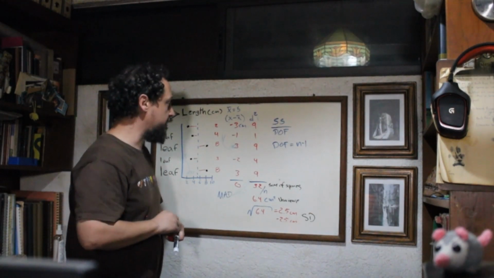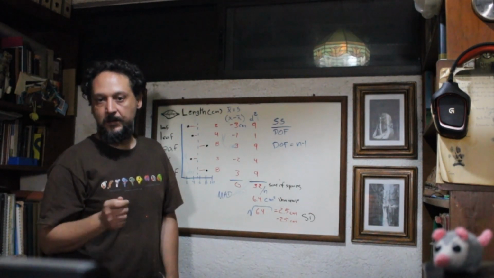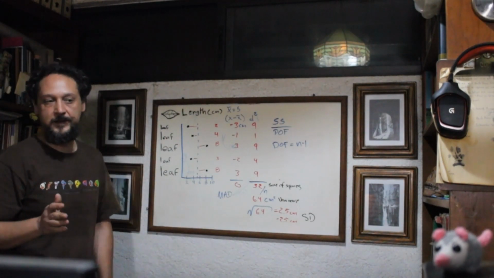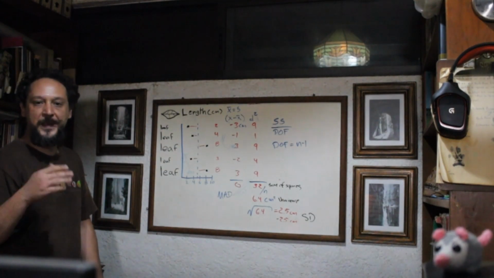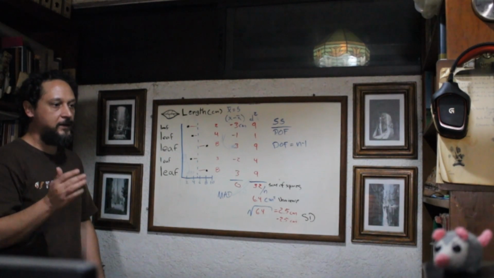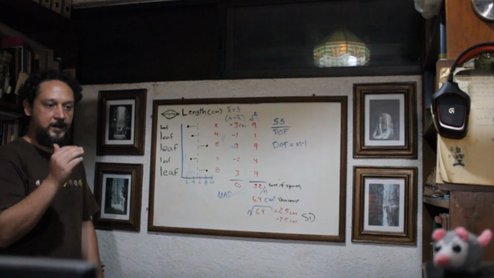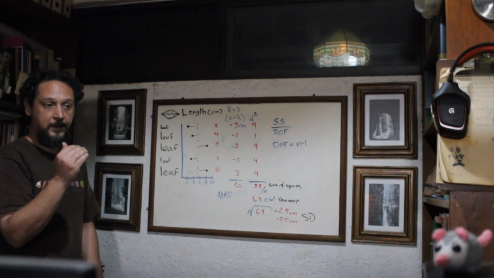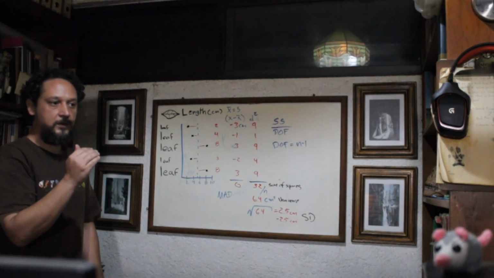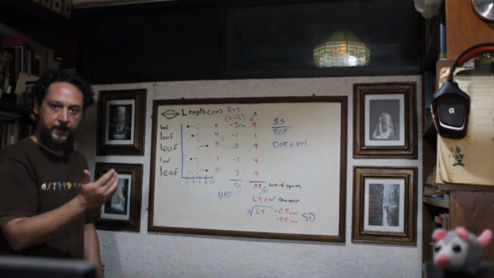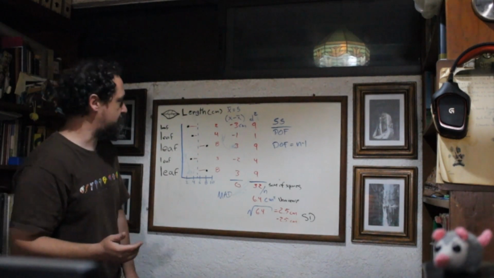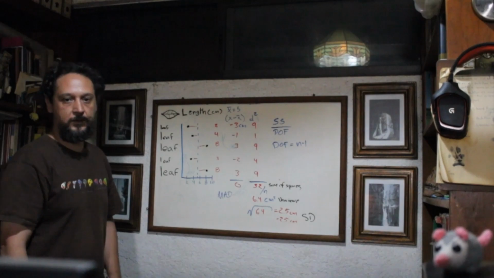And this is called the Bessel correction. One way to understand this is it's like a penalty that increases your standard deviation or your variance to not underestimate the real standard deviation. I don't know if that makes sense, but this is the way to do it.